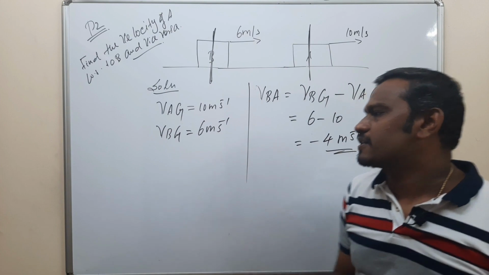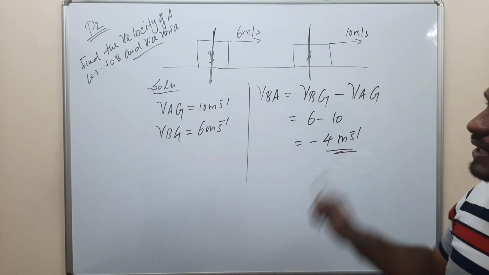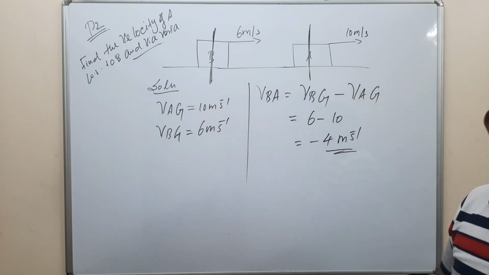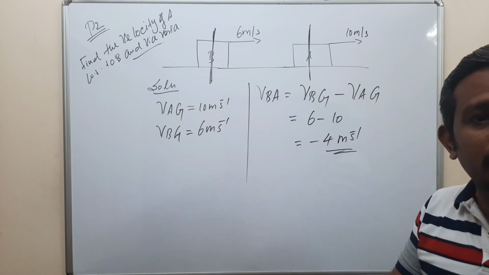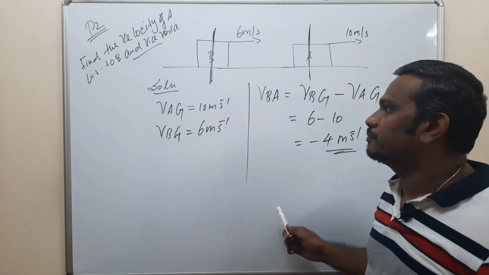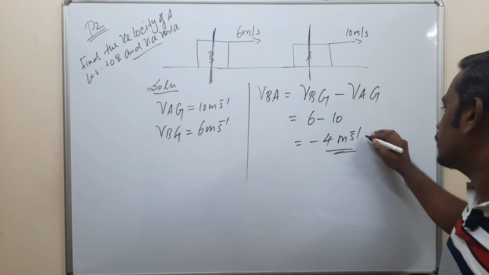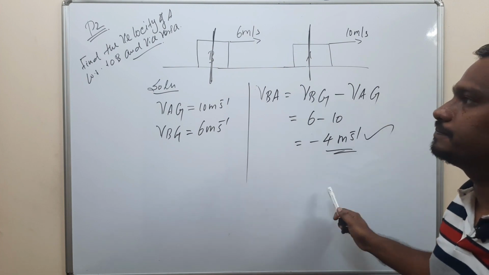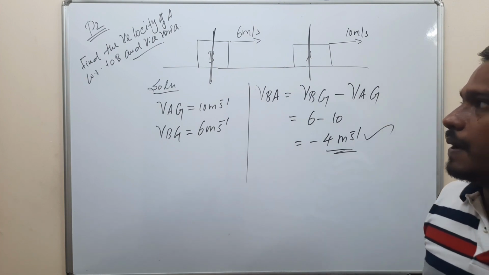That is the feeling. So try to understand that feeling, that is when the observer changes the frame of reference from ground to the next frame. That is very, very important. So minus 4 meter per second. Clear?